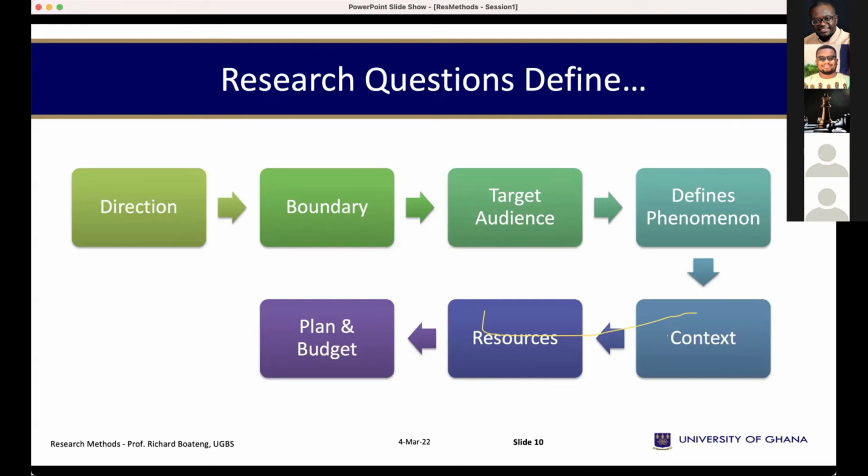You may also be studying the e-levy. You can be studying so many different things. Whatever you choose to study, you have to define the phenomenon. And then you also have to know why you are studying it. Are you studying it in the whole country, a given area or a given sector, or even comparing two sectors? And then sometimes there is the use of time.